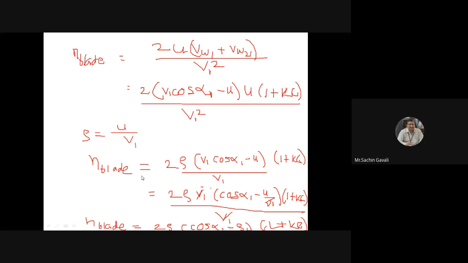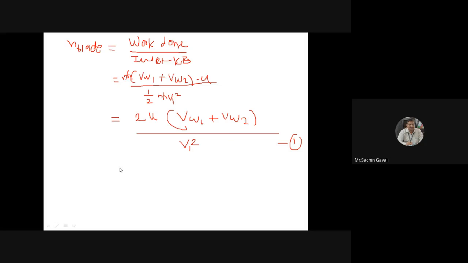So what we did here, now we are writing, therefore, VW1 plus VW2 is equal to 2 into bracket, and what we called it, I explained to you, it is V1 cos alpha 1 minus U into bracket 1 plus KB.